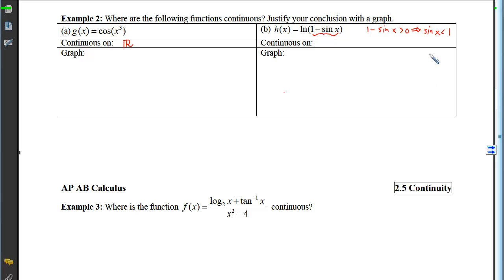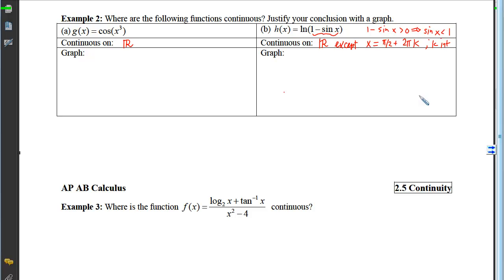Well, sine is less than 1 everywhere except when sine equals 1. So we will be continuous on the real numbers except when sine equals 1. And that happens at pi over 2 plus multiples of the period of sine. So k would be an integer.